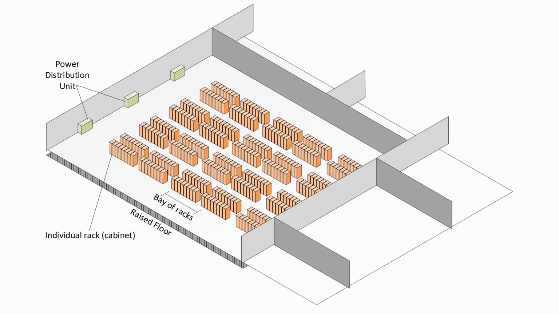Along with that, we will need power distribution units that will be used to send power to these individual racks. And again, the actual cabling is typically done below the raised floor. We'll also need electrical switch gear that'll be used to provide power to the power distribution units.